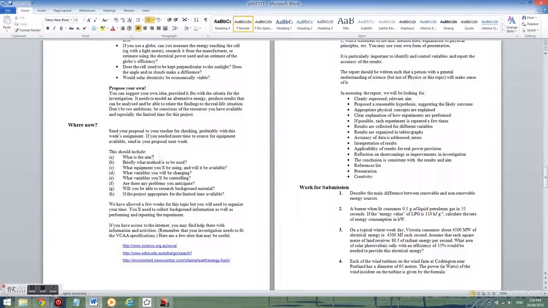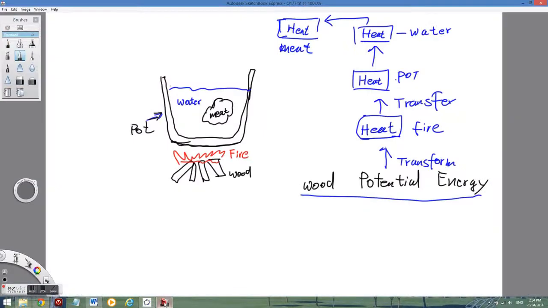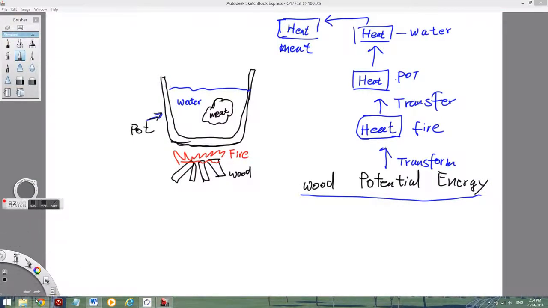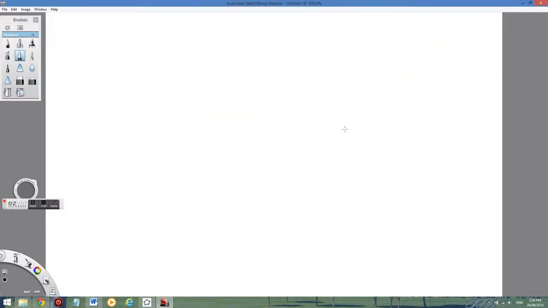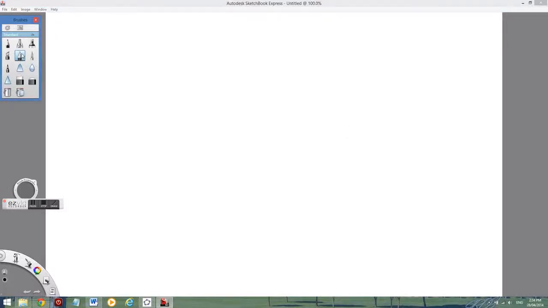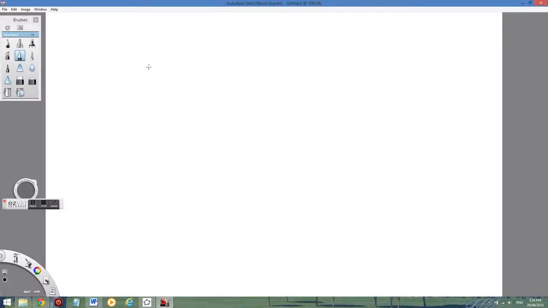I gave you an example of a previous student's work. The design was quite simple. He tried to investigate solar power.